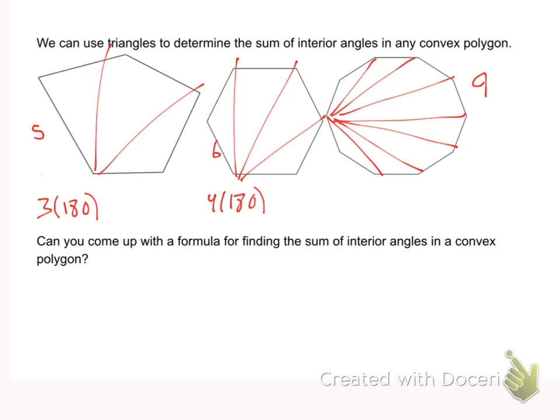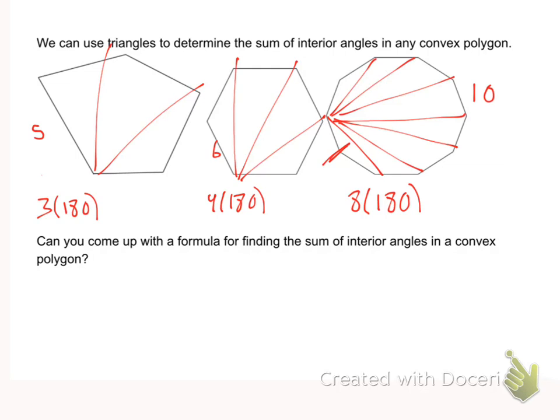Something's not right. How many sides have we got? 1, 2, 3, 4, 5, 6, 7, 8, 9, 10. There are 10 sides, so you're missing 2.